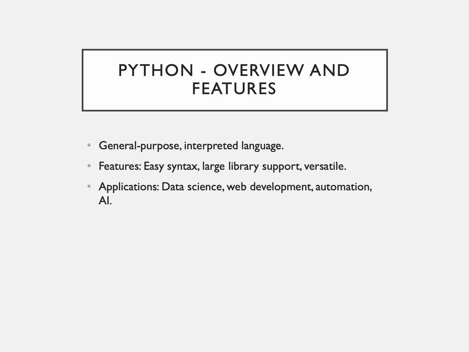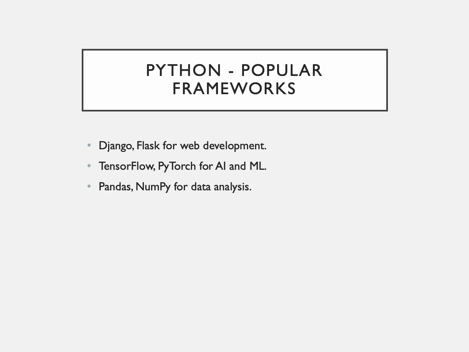Libraries like TensorFlow and PyTorch make it easy to build and train neural networks. So these are the popular frameworks as I already mentioned: Django, Flask for web development, TensorFlow, PyTorch for AI and machine learning, Pandas, NumPy for data analysis.